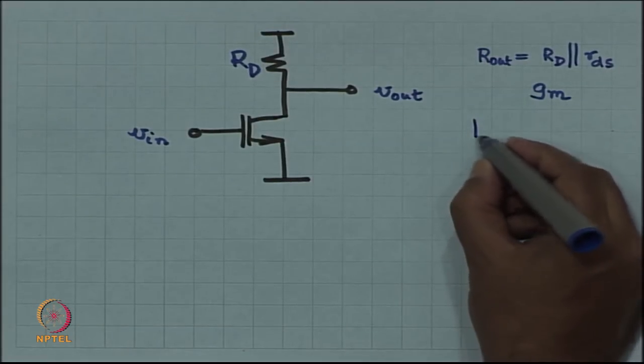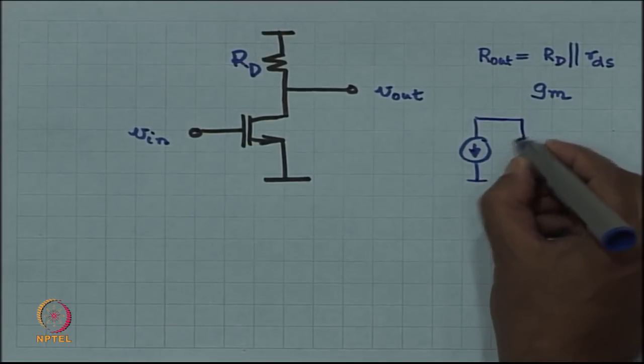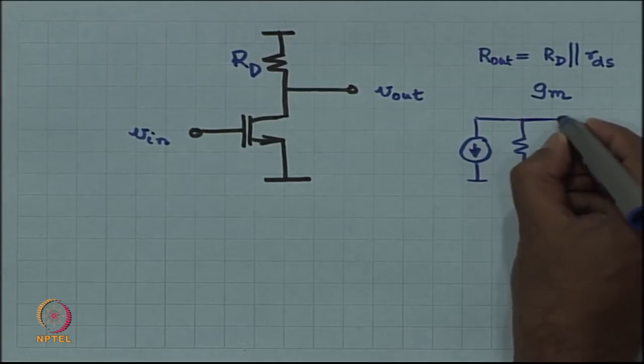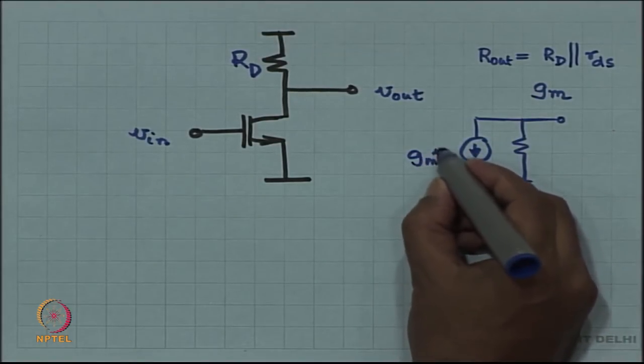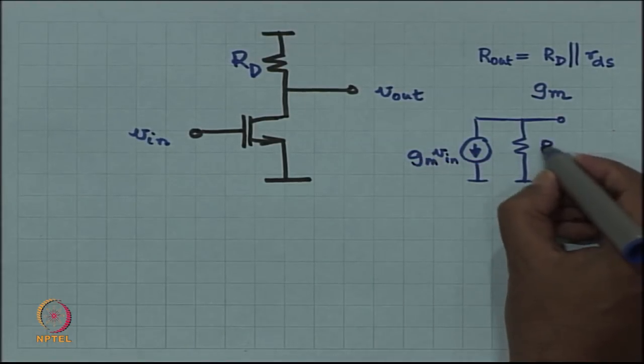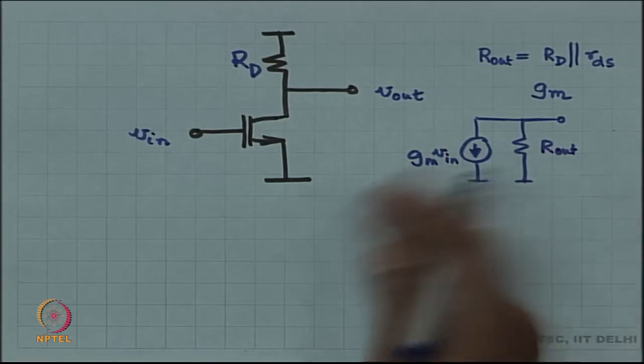The Norton equivalent looks like this. You do not have to do anything, right. This is GM times V in, this is R out. You do not have to do any transformation also.